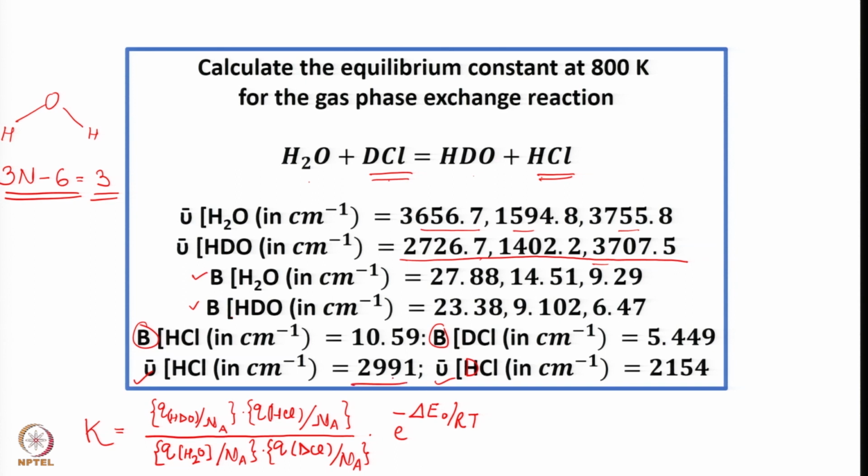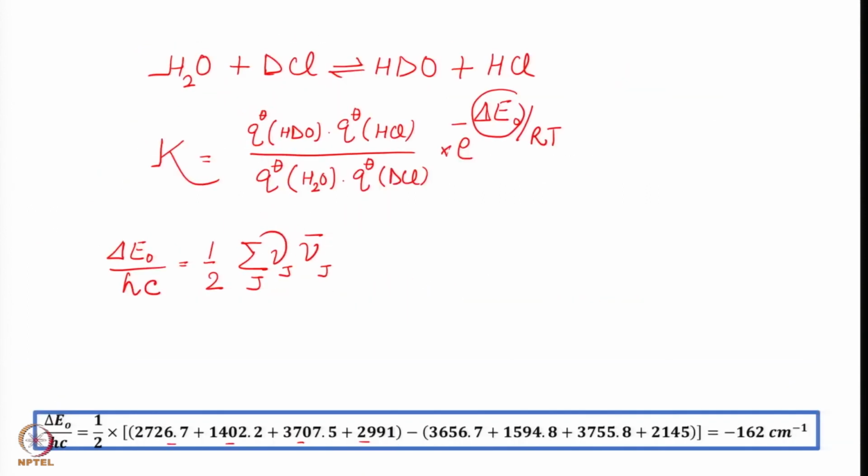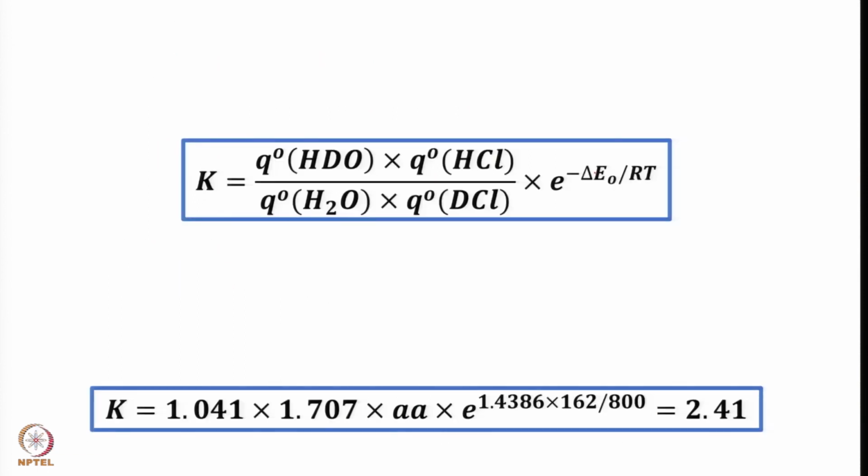So, take the addition of these, and then for the reactants you subtract the corresponding numbers. When you do that, this difference comes out to minus 162 centimeter inverse. This is delta E naught by hc. And when you multiply by hc, you can get the value of delta E naught, the difference in the zero point energies.